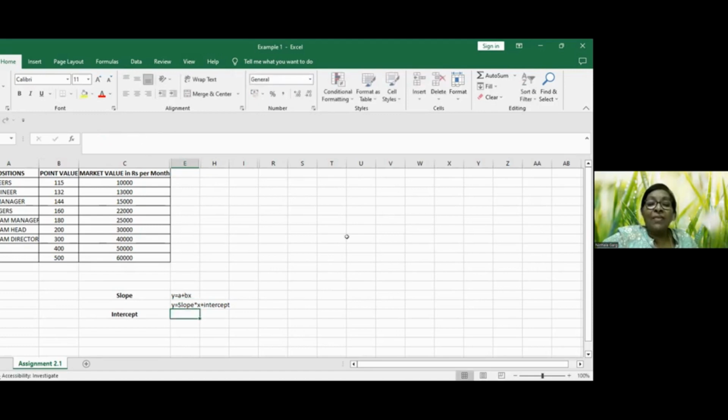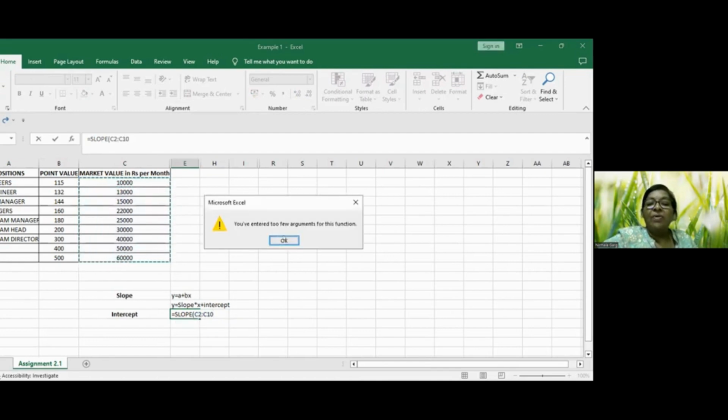No. Now you will calculate the value of slope. I have told you 2 to 3 methods of doing this, no? You can calculate the slope value by inserting a function. Known Y's will be the market data, Y is dependent.